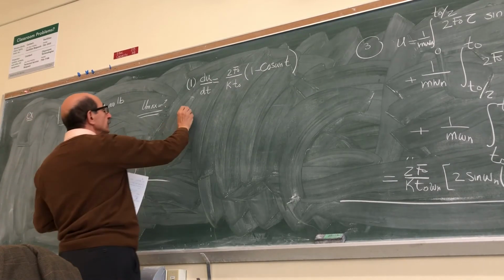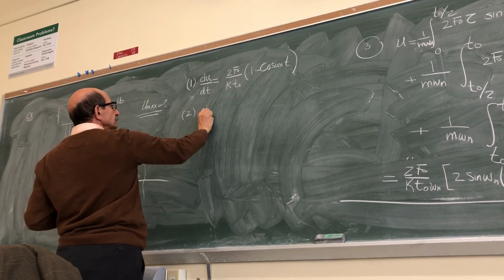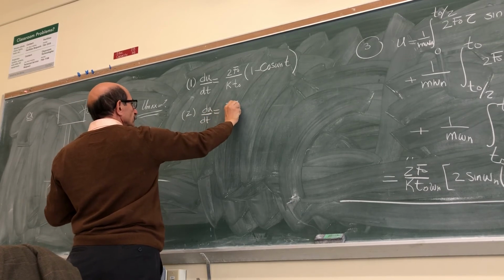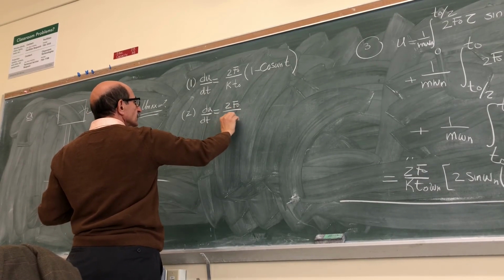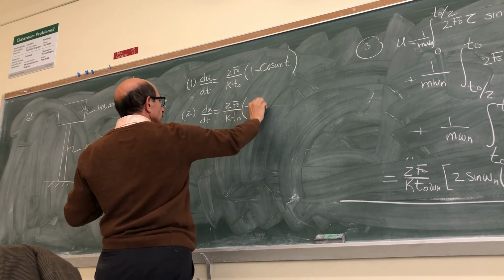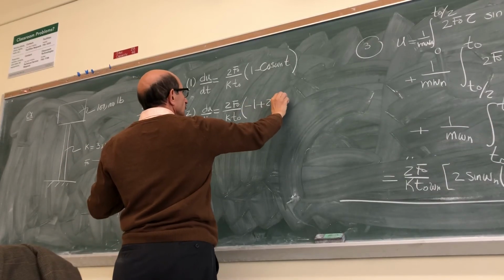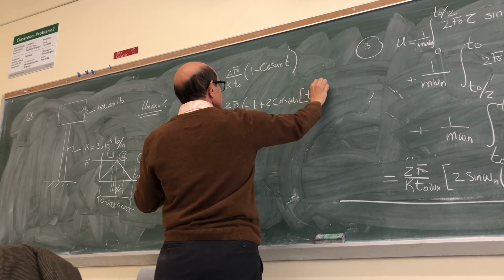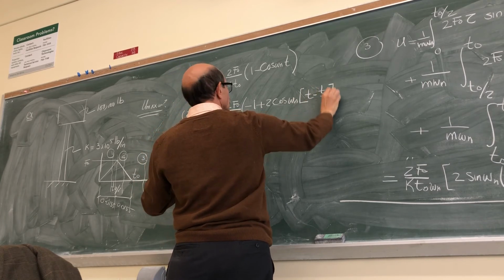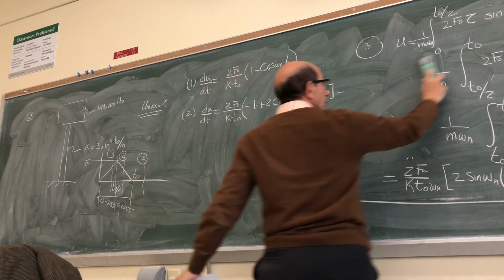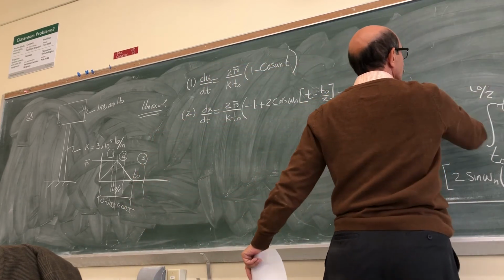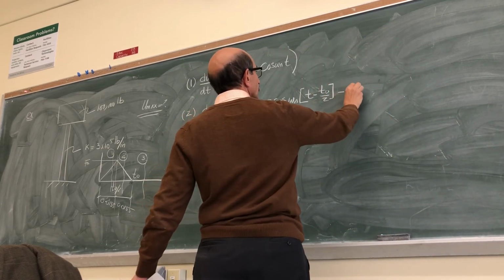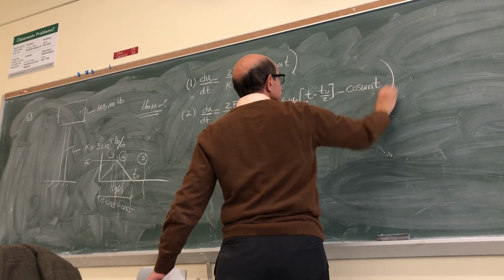Let me write all of them. For 2, du dt would be 2f0 over k t0 times -1 plus 2 cosine omega n (t minus t0 over 2) minus cosine omega n t.